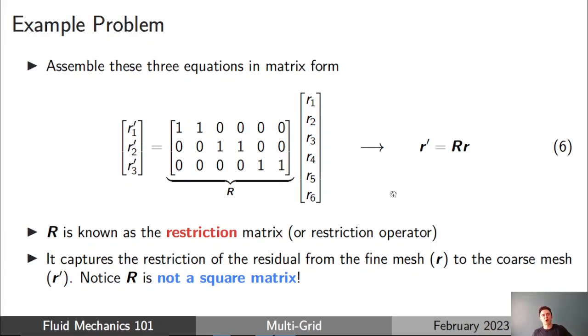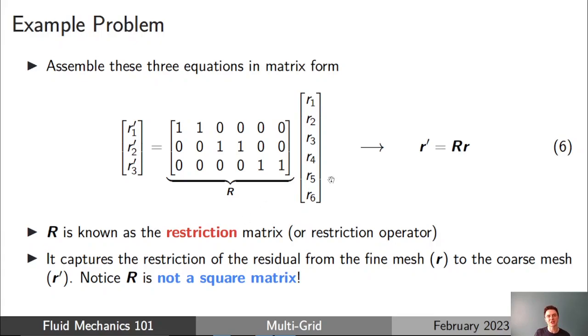So we've managed to write this restriction process conveniently in matrix form, and we can write this as R' vector is equal to capital R matrix multiplied by R, where R is the original residual vector. And this matrix R is known as the restriction matrix, or the restriction operation. And what this does is it captures that restriction of the residuals from the fine mesh, the original mesh, down to the coarse mesh.